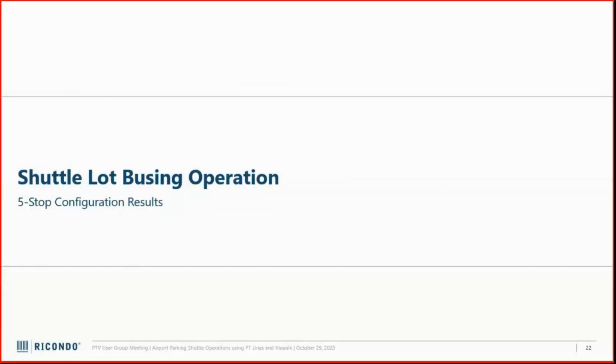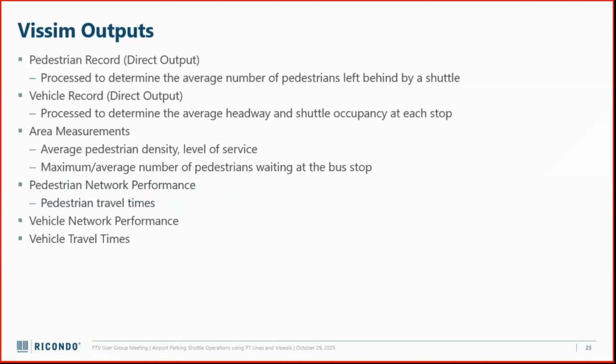As for how we used different Vissim outputs, we used pedestrian record to determine the overall number of passengers left behind by any shuttle. To do this, we essentially just took the PT line behaviors on the waiting area to determine how many times a pedestrian approaches the shuttle. If they're approaching the shuttle more than one time, then they are left behind.